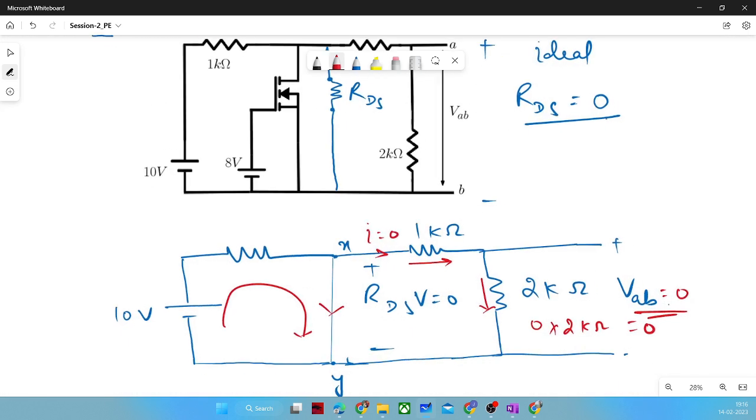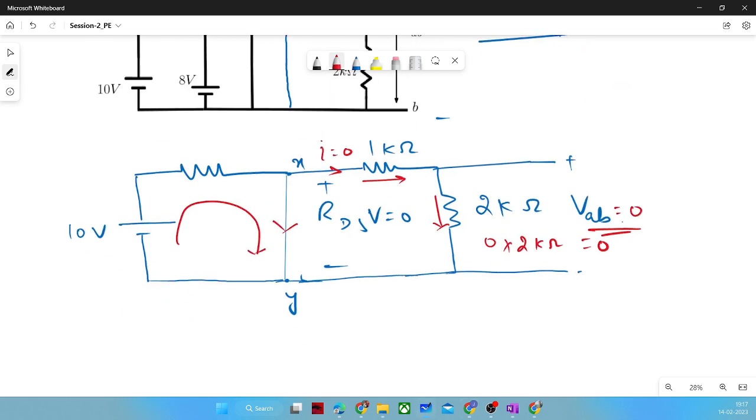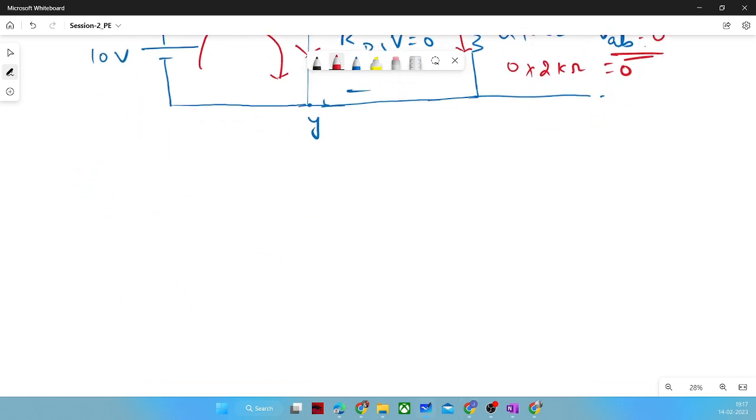Any question? And drain voltage. Okay, so I can safely assume no question on this.